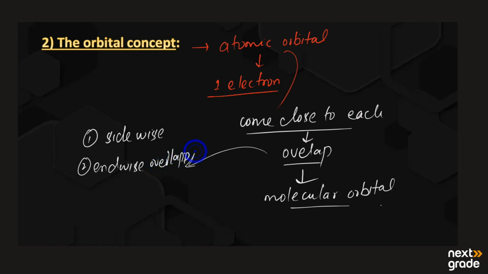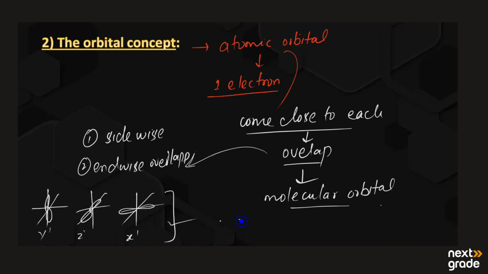For example, if we have the p orbitals along the x-axis, along the y-axis, and the third one along the z-axis, these are the atomic orbitals.